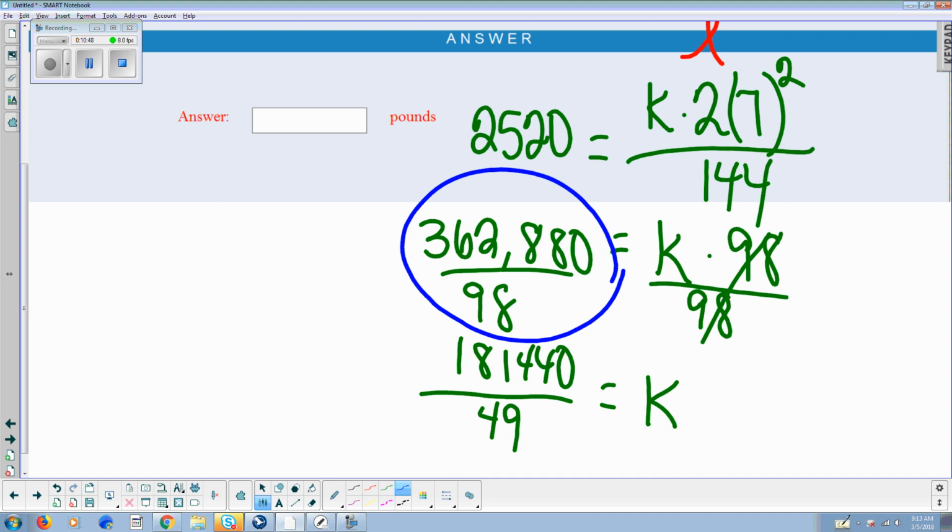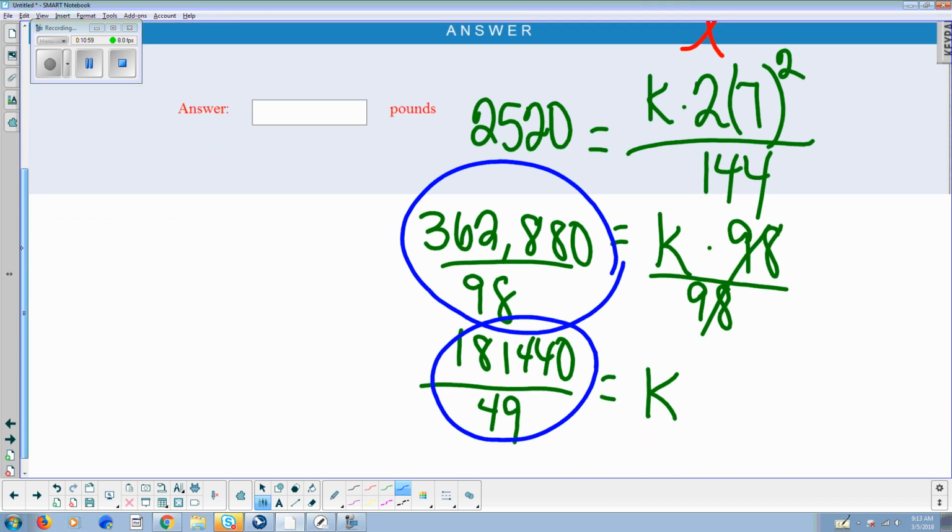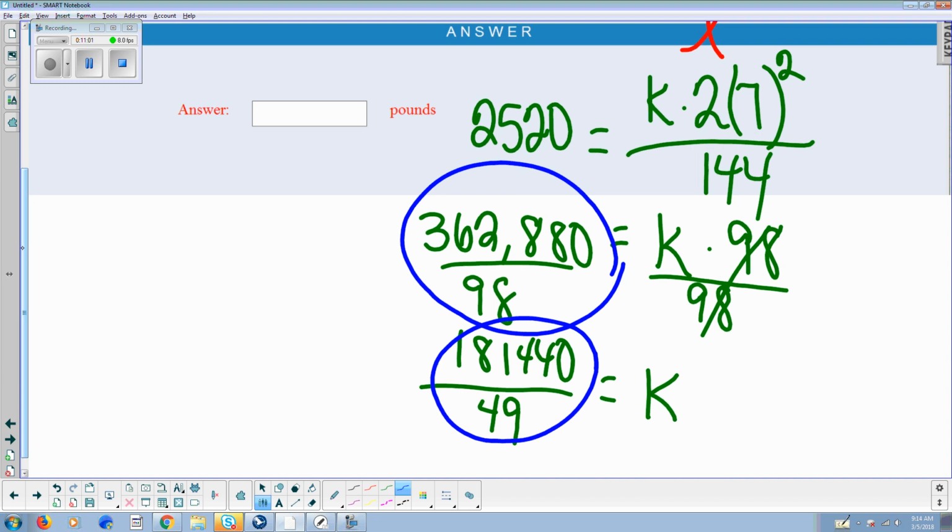This is not the answer. This is just something you're going to use to get the answer. The question was, will it not count it wrong if it's in fraction form? At this point, we don't have the final answer. We're just getting K. Okay? So I could use either of these two numbers that I circled, or I could use the big long decimal as long as I don't round it and use every single decimal that the calculator gives. Okay? For K.